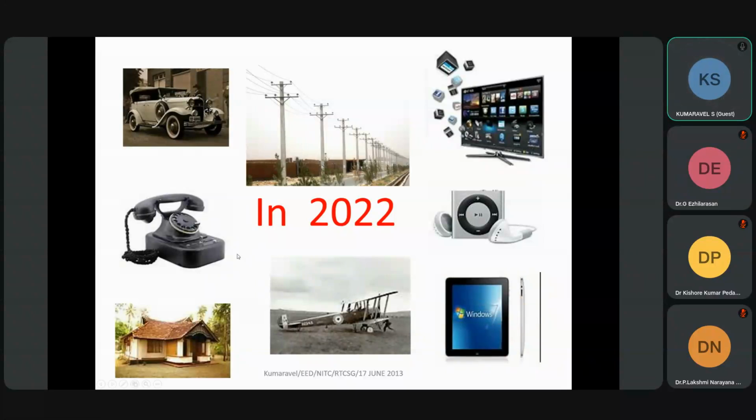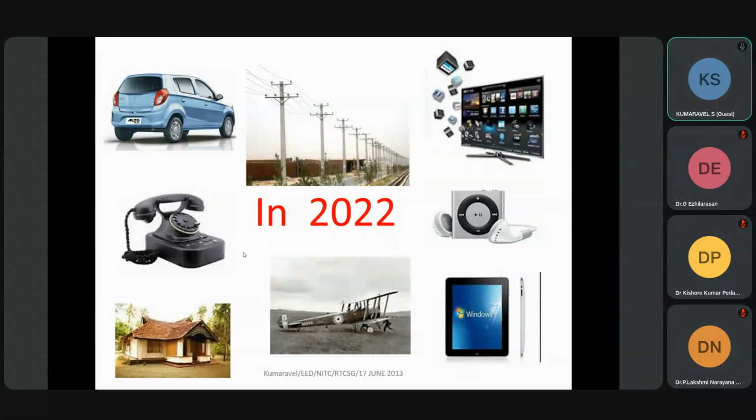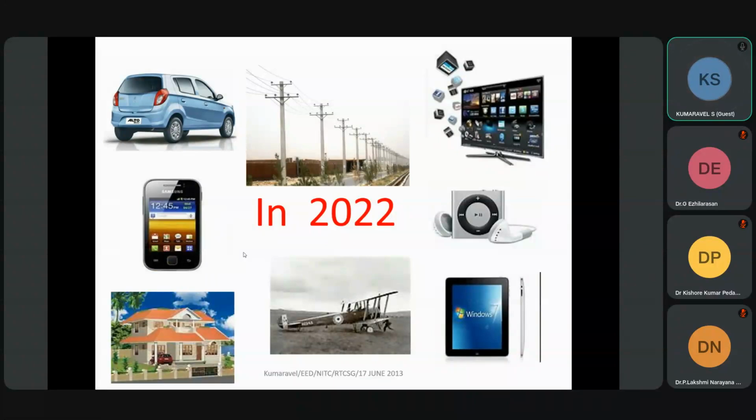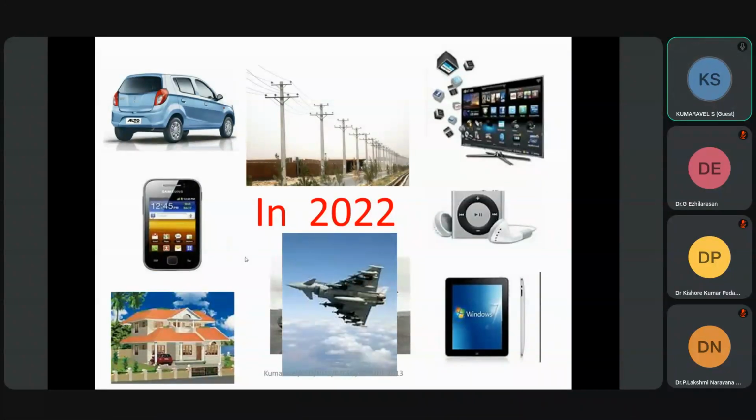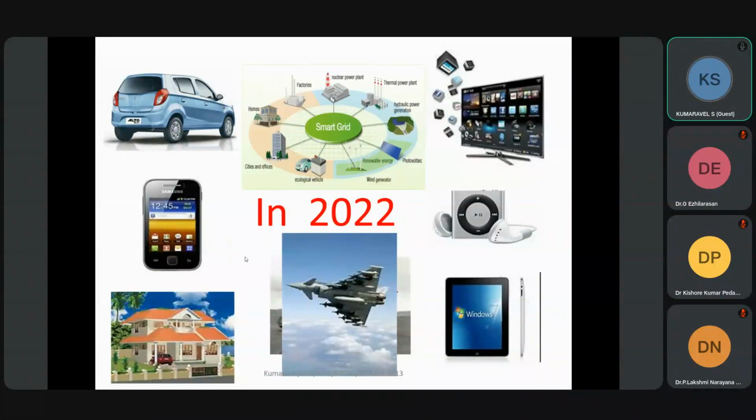Computers became tablets, and even the mobile phone itself behaves like a computer. Cars, we have ultra modern cars. Telephone became cell phone. Everything changed. The grid also changed. What is the grid evolution? Smart grid. Smart grid is one of the finest technologies of the past 20 years.